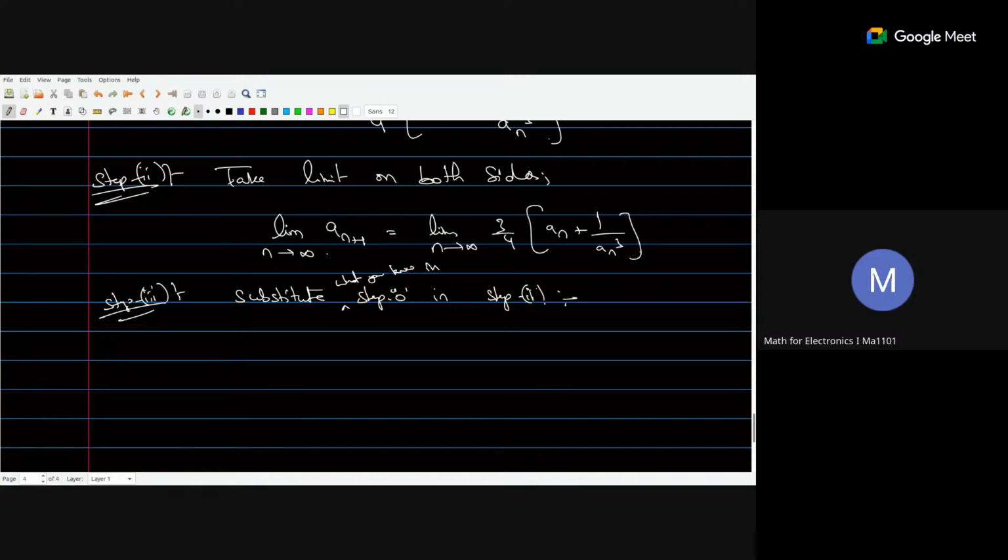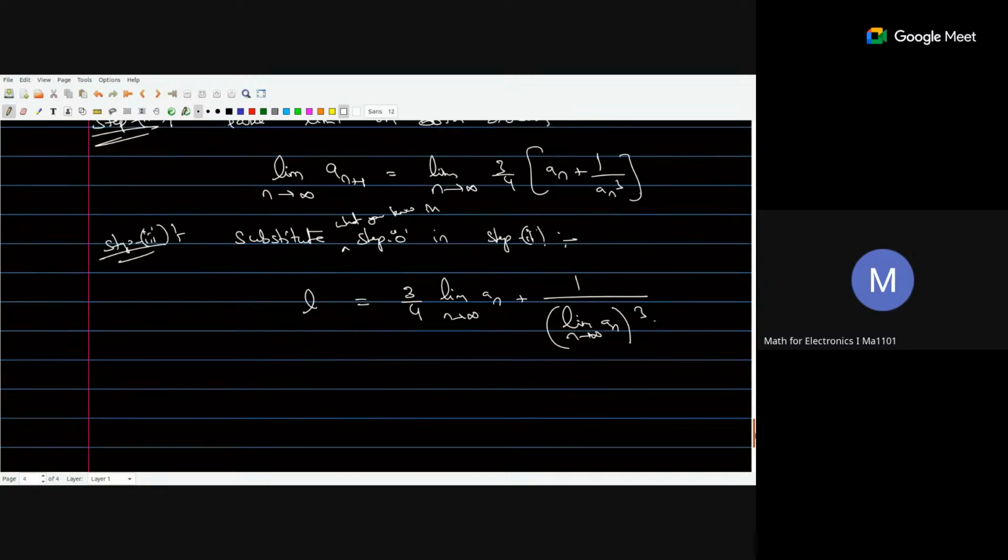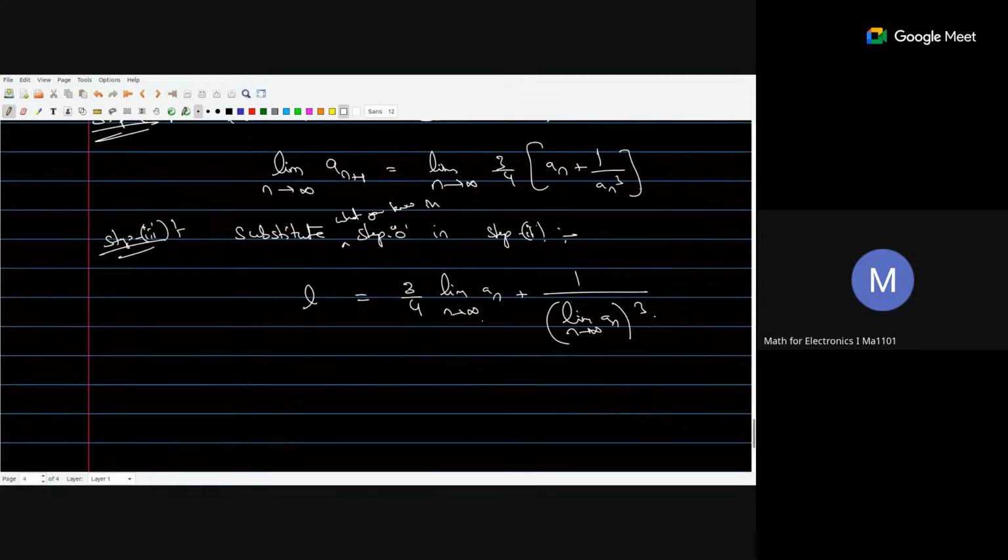What I know is limit n tends to infinity of a_n goes to L. Using the limit properties, I can write this as 3 by 4 times limit of a_n plus 1 by limit of a_n, the whole cube. Again, the same thing, so this will also be L. So ultimately, what will I get? L equals 3 by 4 L plus 1 by L cube.